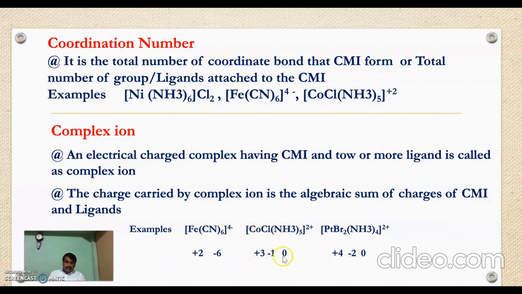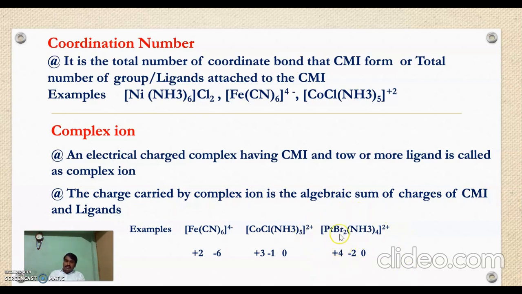Here is another example. Ammonia is a neutral ligand, so its charge is 0, but the most stable oxidation state of cobalt is plus 3 and chlorine carries minus 1 charge, so plus 3 minus 1 is equal to plus 2. That is the complex charge, the algebraic sum of charges of the central metal ion and ligands.